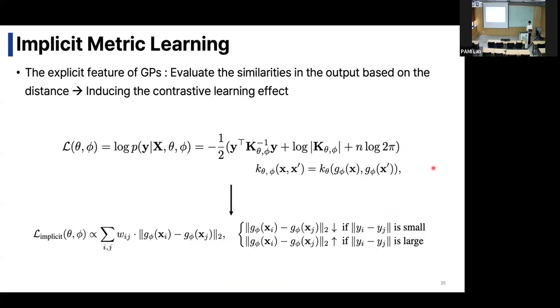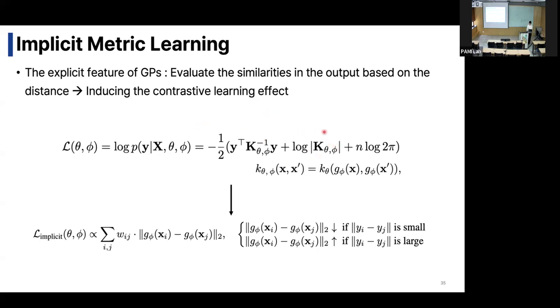In a Gaussian process, the kernel function produces similarity scores based on the distance between inputs. As a result, during marginal likelihood optimization, the embedding space is fine-tuned so that similar inputs are placed closer together, while dissimilar inputs are pushed further apart.